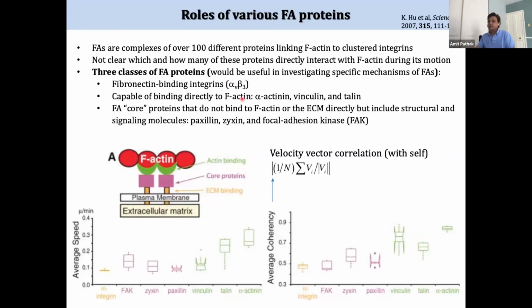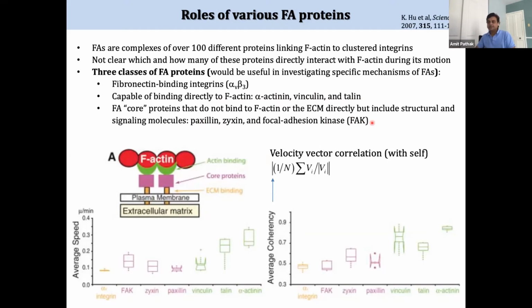So these are F-actin binding proteins, the main ones being alpha-actinin, vinculin, and talin. Like I was saying earlier, when these proteins open up, they expose binding sites for other proteins to come in. And those others are this magenta square here, core proteins. That's where a lot of the ambiguity is, which one does what, but mainly paxillin, zyxin, and focal adhesion kinase form the core protein complex, and they are the ones important in stabilizing the focal adhesion.